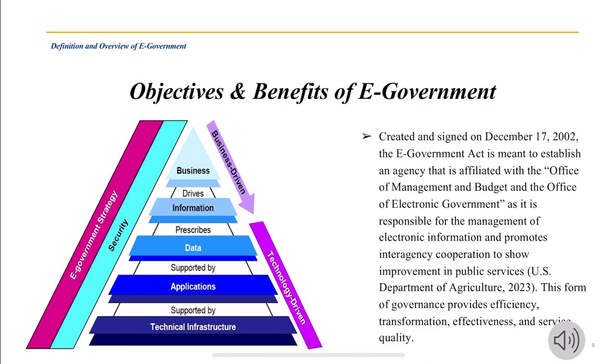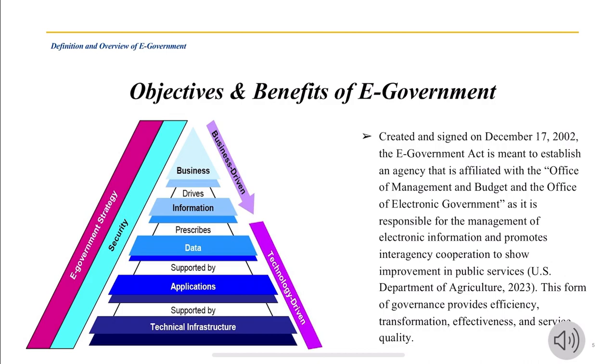Objectives and benefits of e-government. Created and signed on December 17, 2002, the e-government is meant to establish an agency that is affiliated with the Office of Management and Budget and the Office of Electronic Government, as it is responsible for the management of electronic information and promotes interagency cooperation to show improvement in public services.